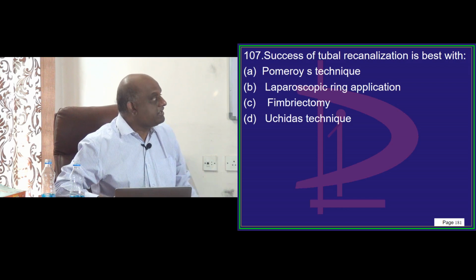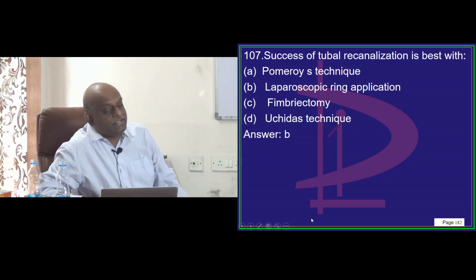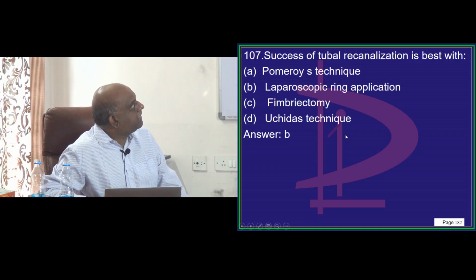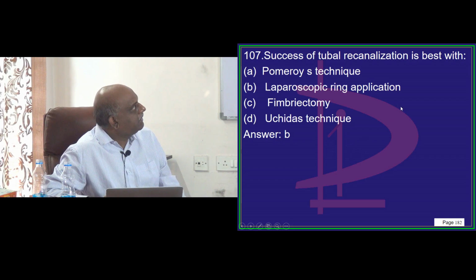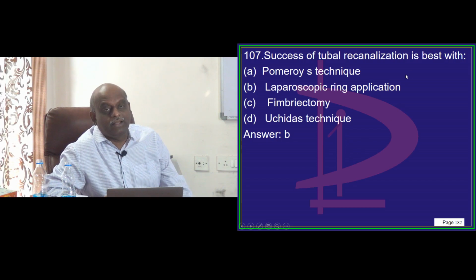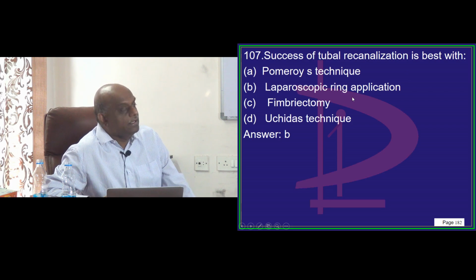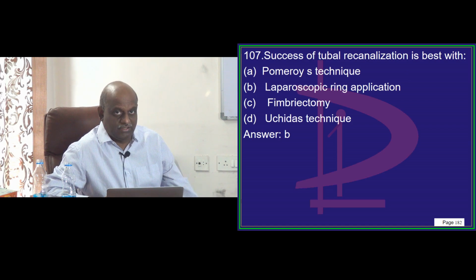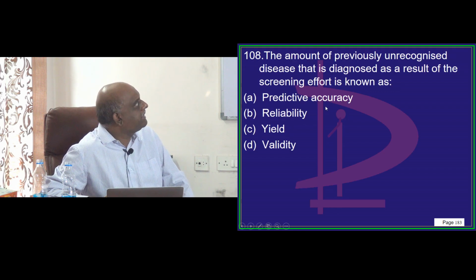I can see A versus B. So, it is a laparoscopic ring application, doctor, where you have a greater chance of success of tubal recanalization in future if they want once more to become pregnant after sterilization.